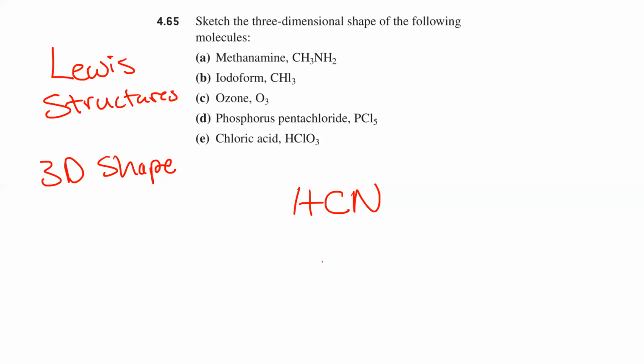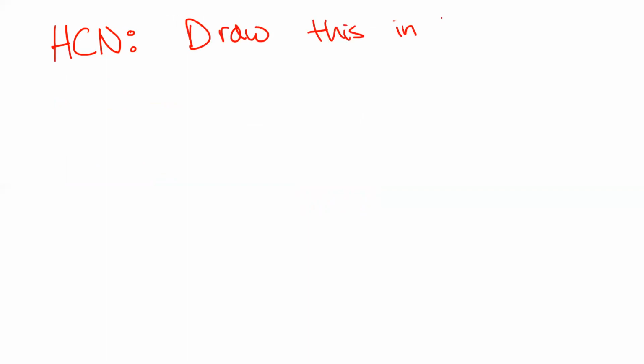HCN. We'll just start there. Let's just dive in and do HCN. So this is HCN, also known as hydrogen cyanide. There's a bunch of different names, but that's not what we're here to answer. To begin with, we want to draw this in 3D.